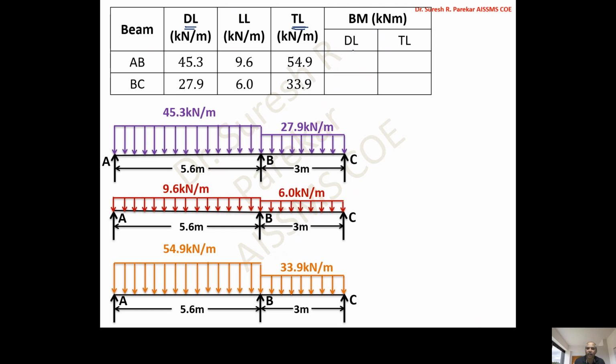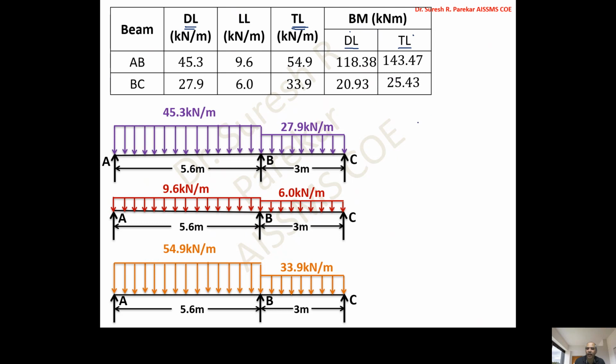Now we will find bending moment again due to dead load and due to total load, because we have dead load on the beam or we have total load on the beam, and we have WL square by 12. By using WL square by 12 we are going to get these values of bending moment.